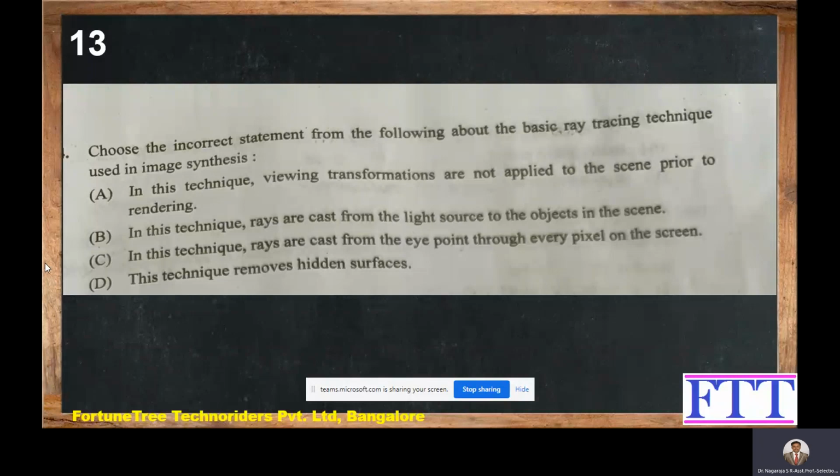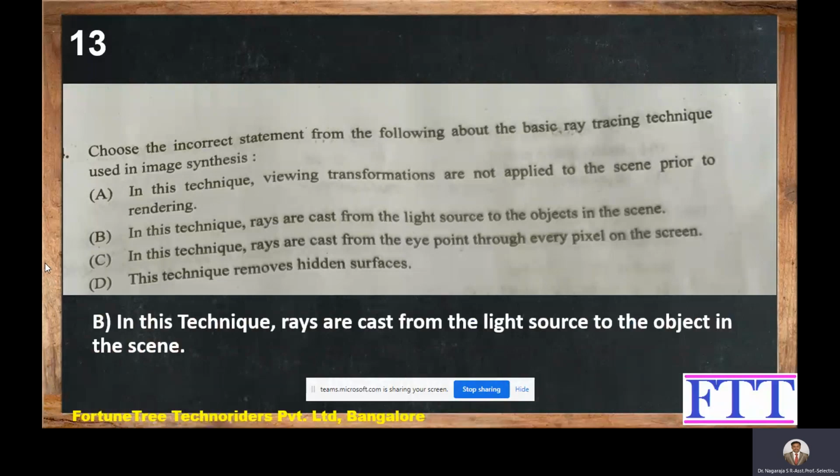Option C, in this technique, rays are cast from the eye point through every pixel on the screen. Option D, this technique removes hidden surfaces. So the right option is option B. In this technique, rays are cast from the eye, not from the light source to the object in the scene. So option B is the right answer.